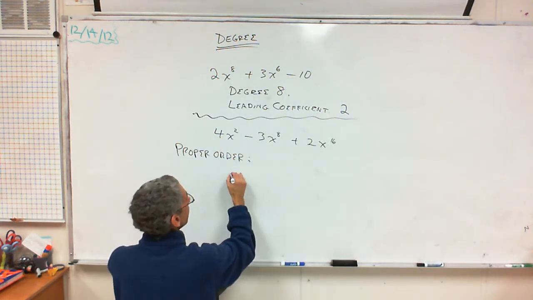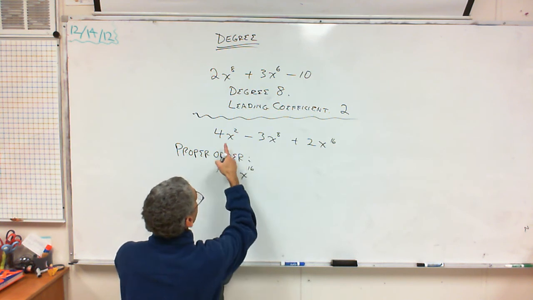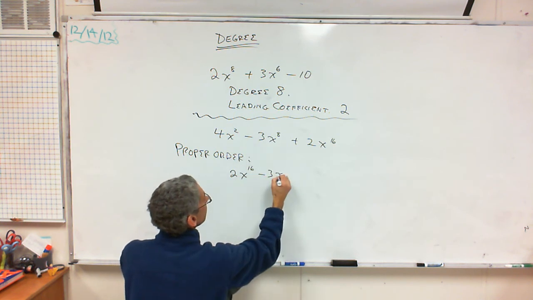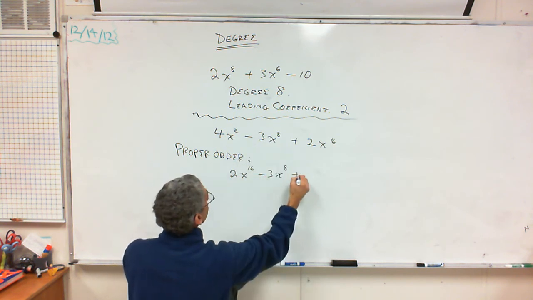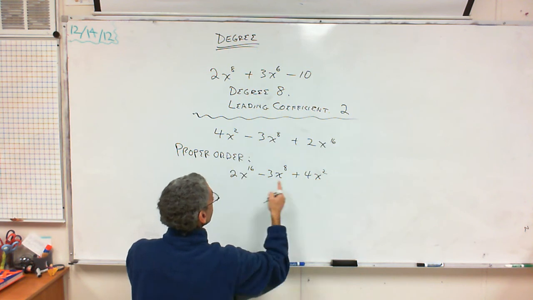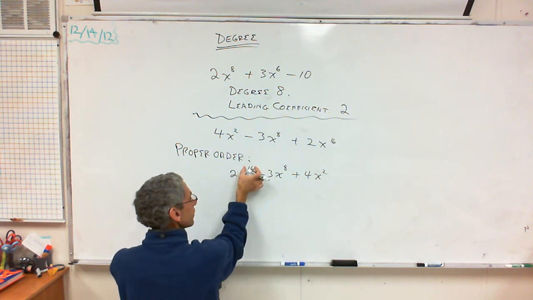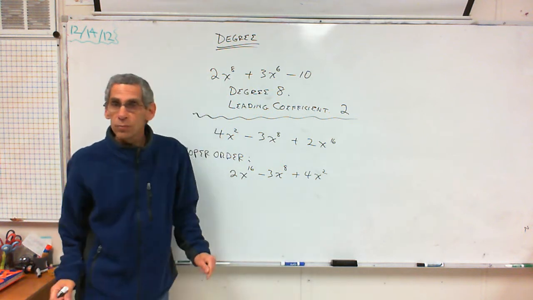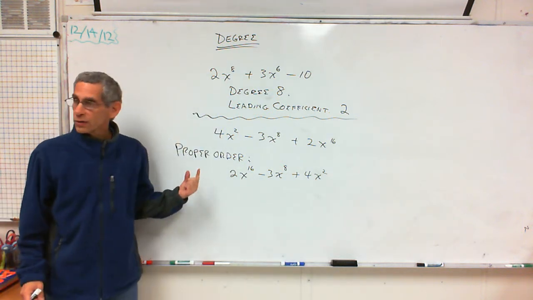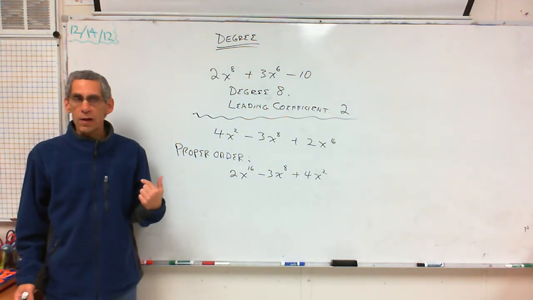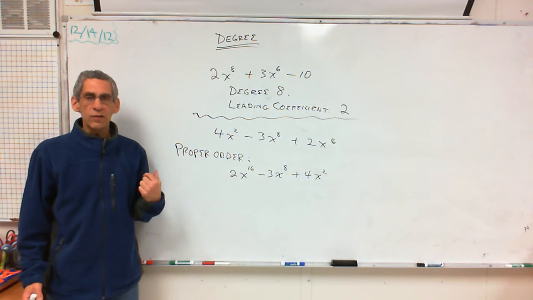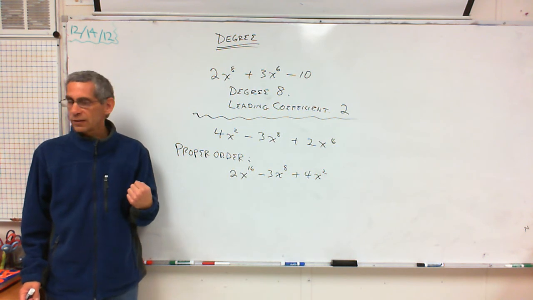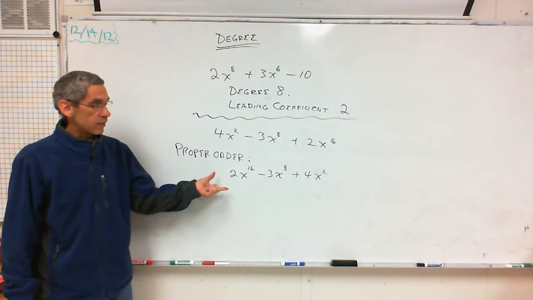I would have to write this as 2x to the 16th minus 3x to the 8th plus 4x squared. So I'm starting with the highest exponent, then the next highest, and then the lowest. That's standard proper order. It's called standard form for a polynomial. There are a lot of different things that are called standard form, which makes it a little confusing. But for a polynomial, that's standard form.